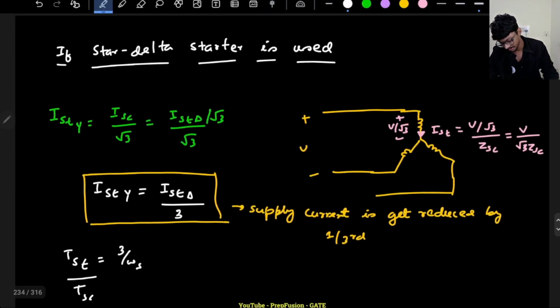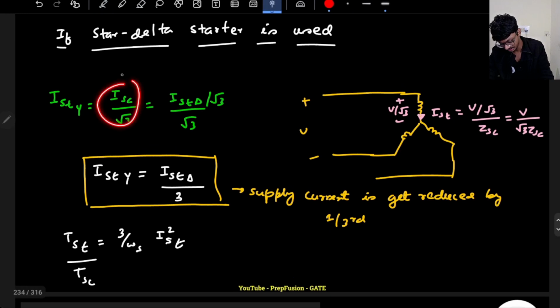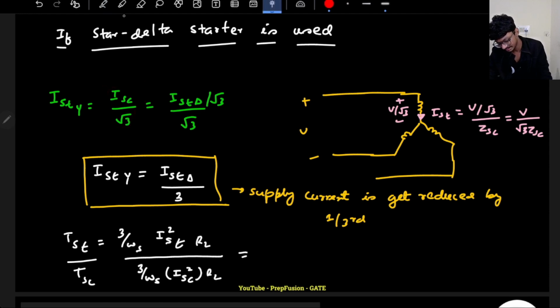So here this will be TST divided by TSC into IST whole square. IST whole square compared to ISC is ISC by root 3, right? I will write that into R2 divided by ISC whole square into R2. So what is IST? IST is ISC divided by root 3.